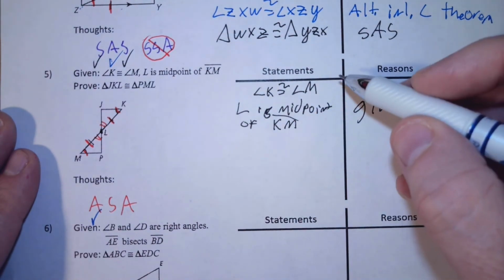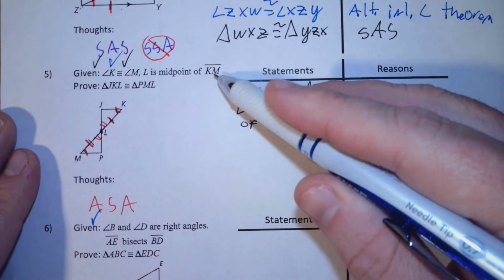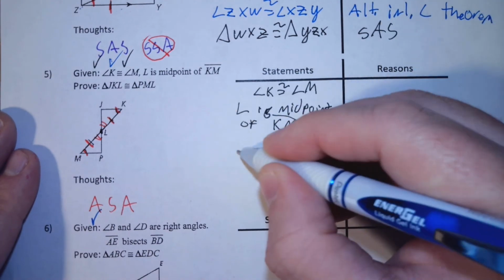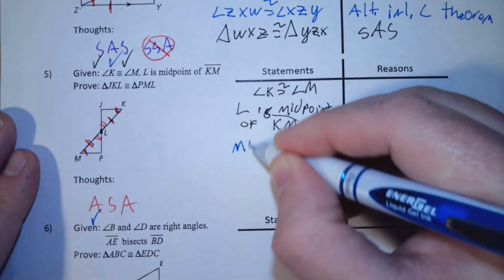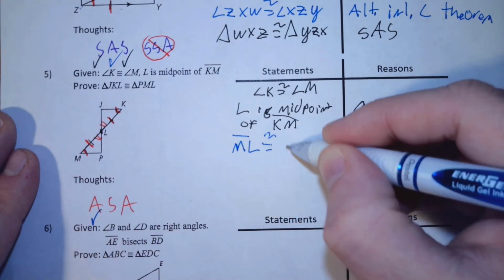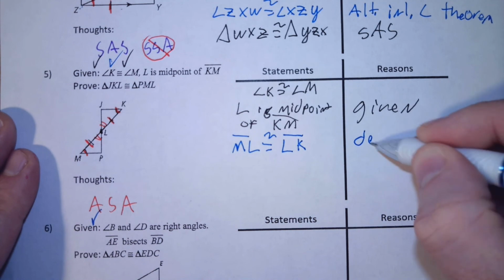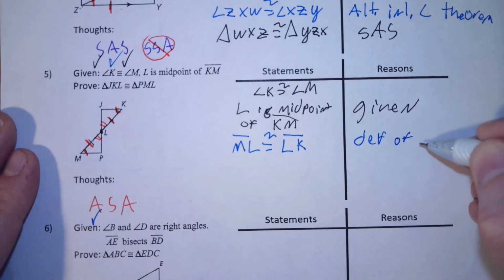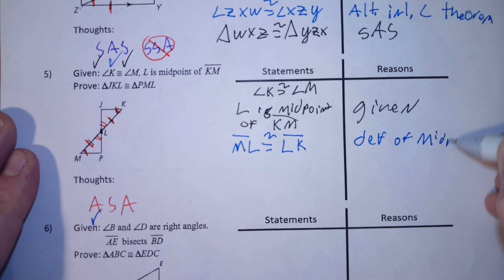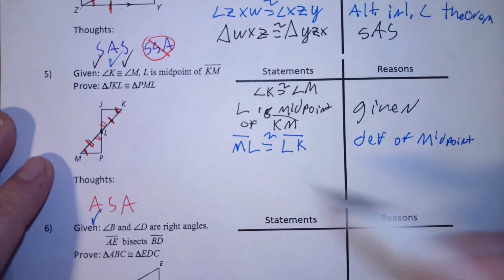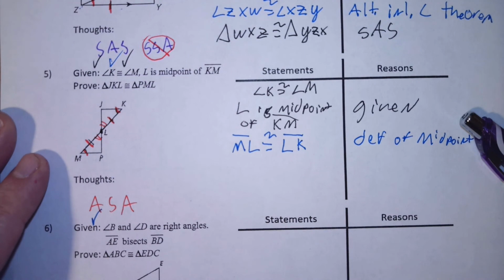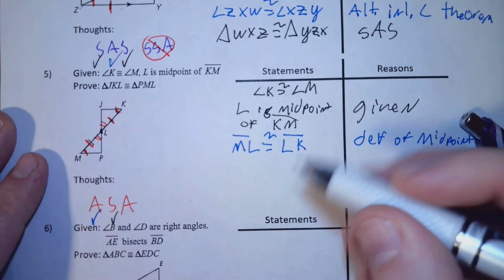Let's go ahead and do the side here. So I'm going to say that ML is congruent to LK. And that's going to be the definition of the midpoint, at least in this book. Okay, so I got a side here, and then move on to the angle.